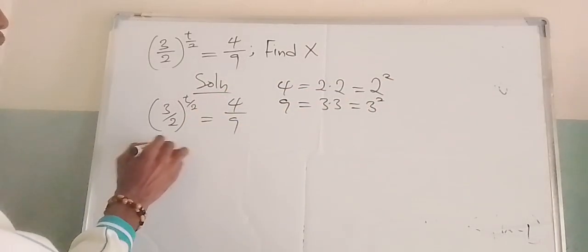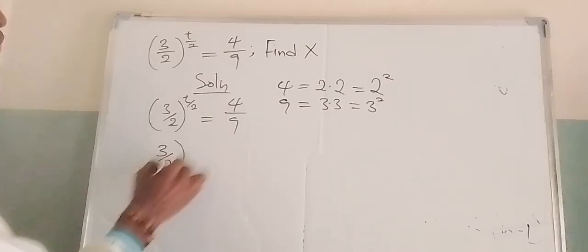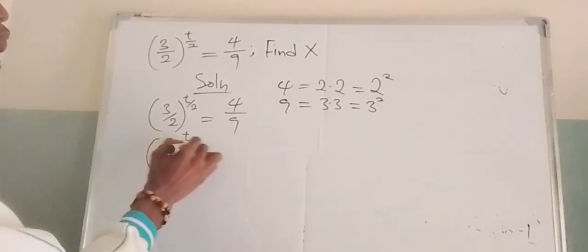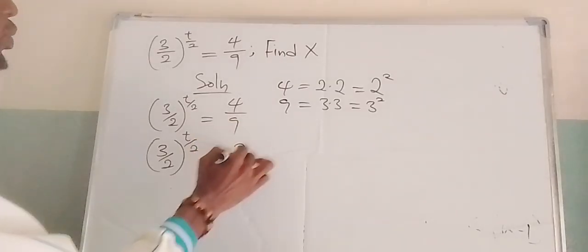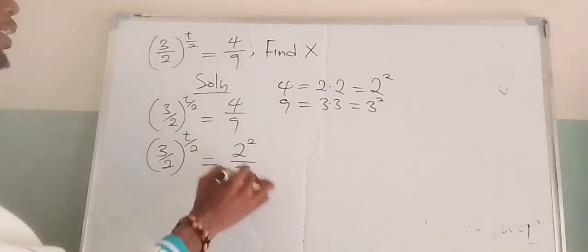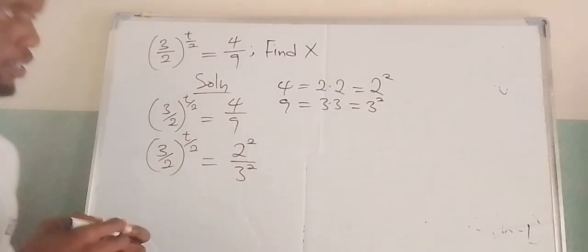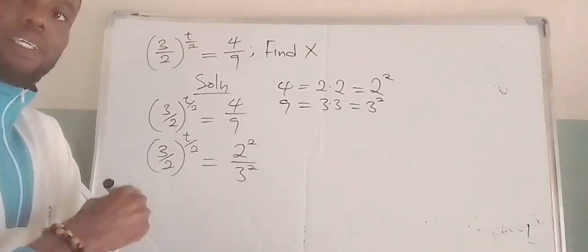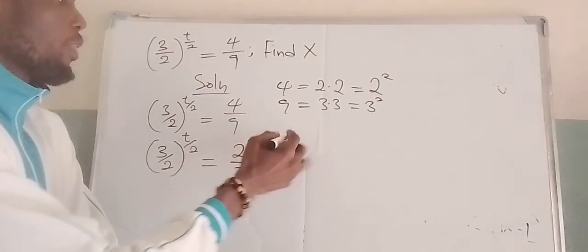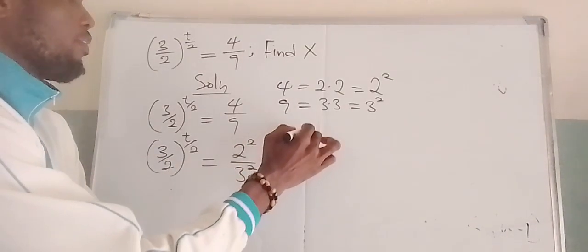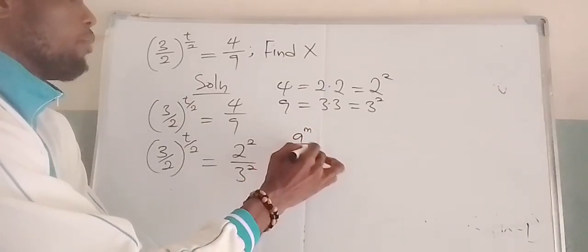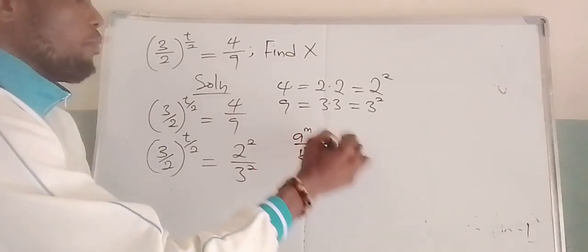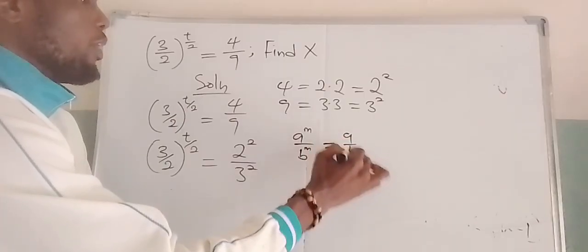So let's write 4 and 9 in this form. We have (3/2) raised to x/2 equals 2 squared over 3 squared. Now remember one of the laws of indices: a to the power m over b to the power m is the same as (a/b) raised to m.